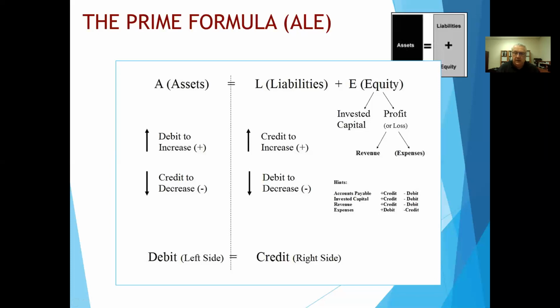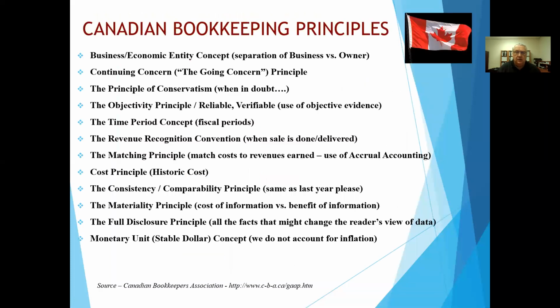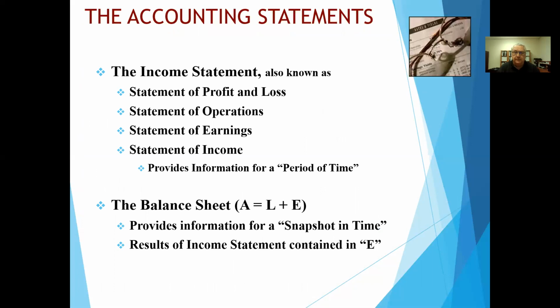And we can spend the next few minutes just talking about the fact that there are things which are called accounting principles. I'm not going to spend a lot of time right now on this, but basically these are rules of the road, and we'll refer to them as we work our way through using Wave Accounting. But at this stage, it's just important to recognize that just like when we're driving a car and there's a stop sign, there's a similar set of rules for bookkeepers and for accountants.